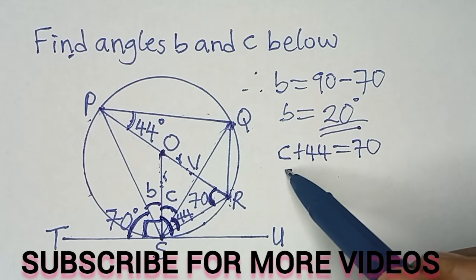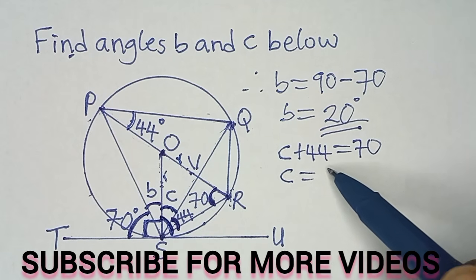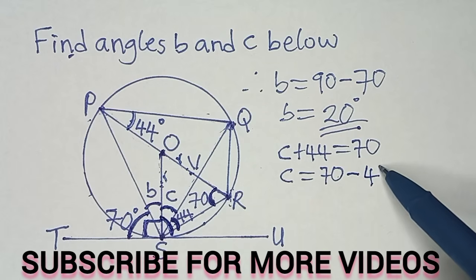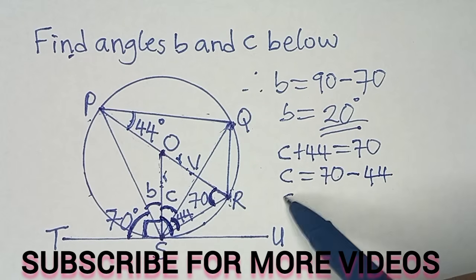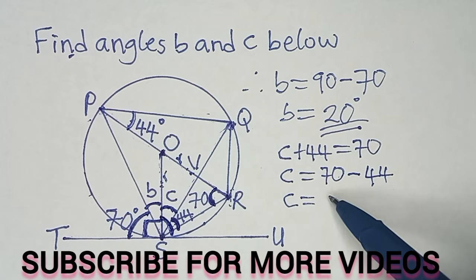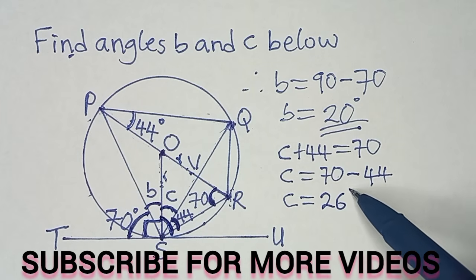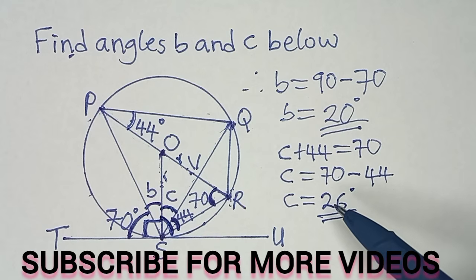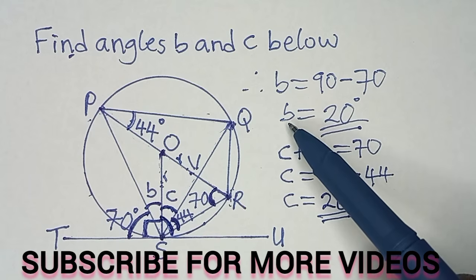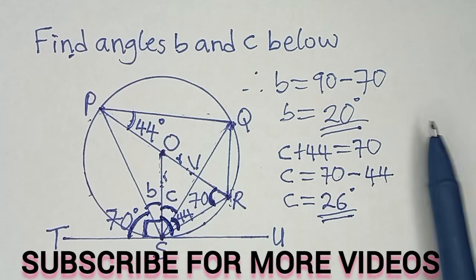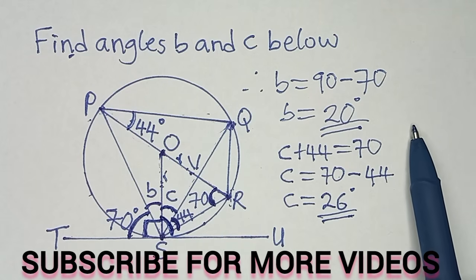So we can now get the value of angle C as equal to 70 minus 44. And 70 minus 44 is going to give us 26 degrees. So the value of angle C is 26 degrees, while the value of angle B is 20 degrees. And that gives us the final answer to the problem.